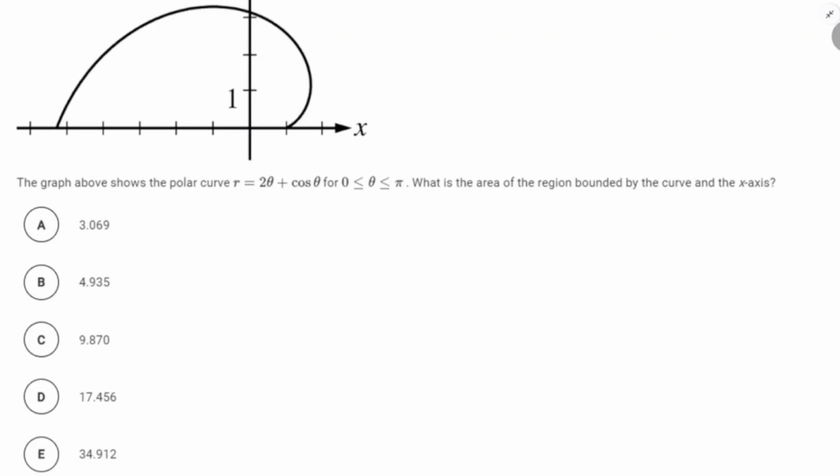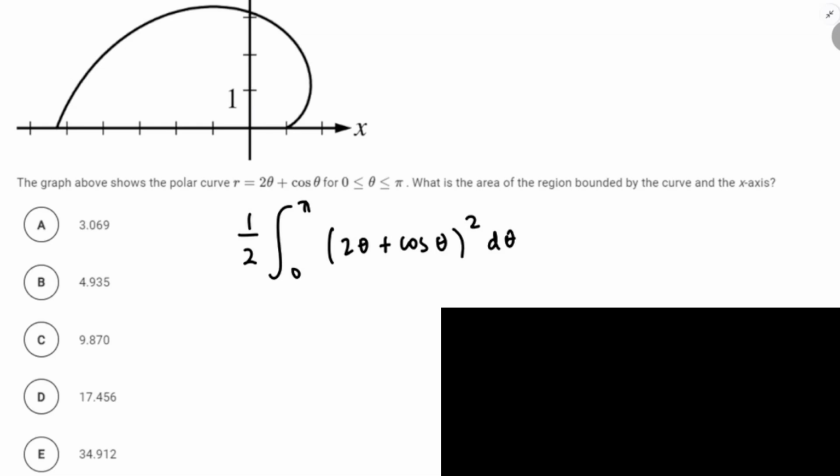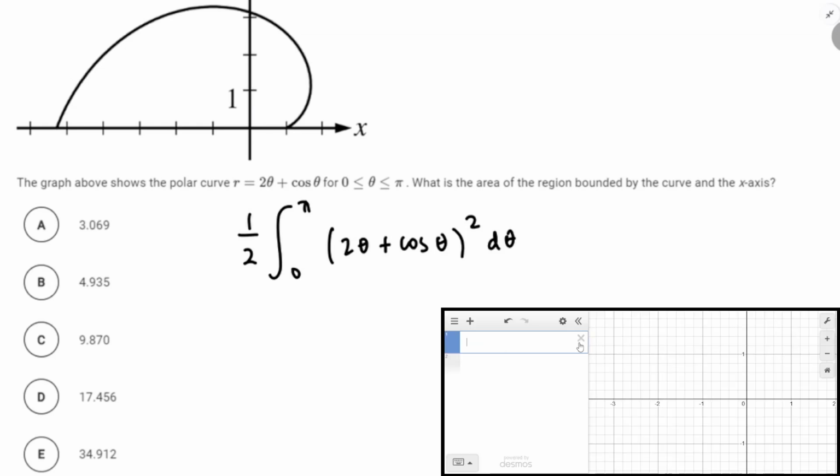All right, the graph here shows the polar curve 2 theta plus cosine theta. It's the area of the region between the curve and the x-axis. Great calculator question. You can see the decimals. 1/2 r squared d theta, and I'm going to need to bring back the calculator.